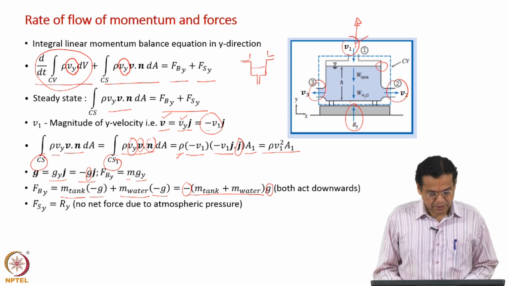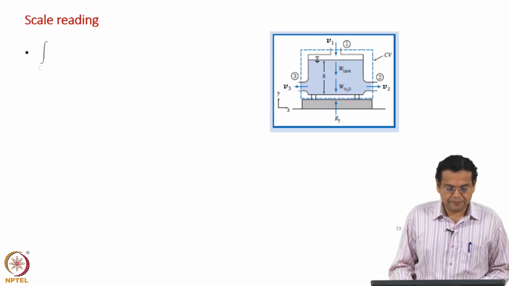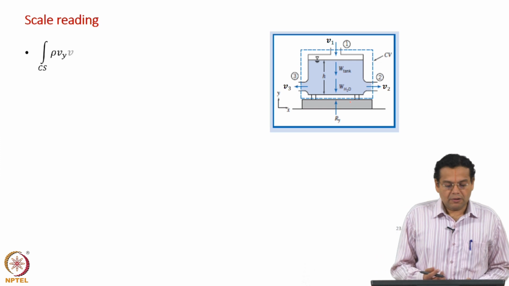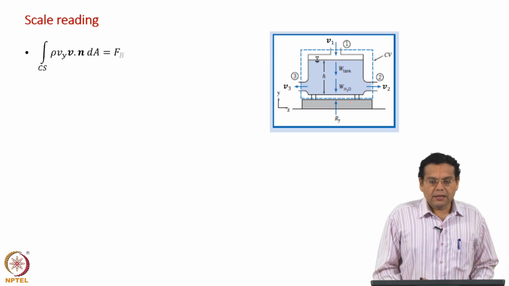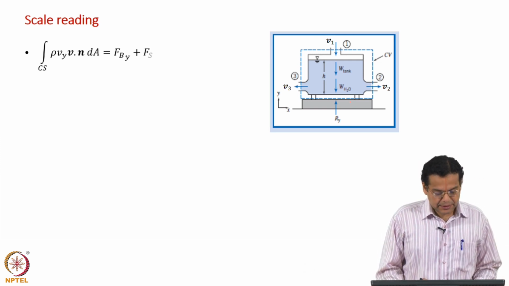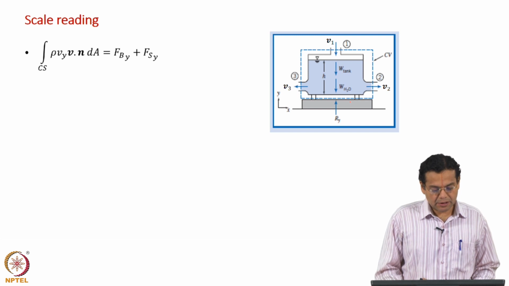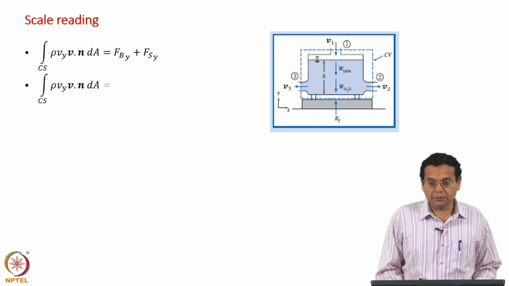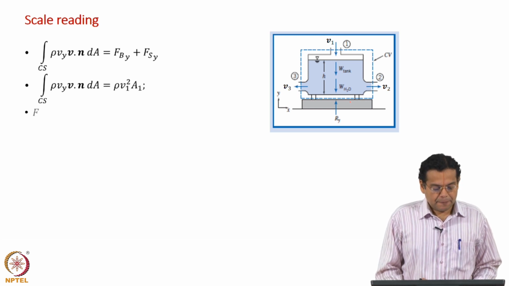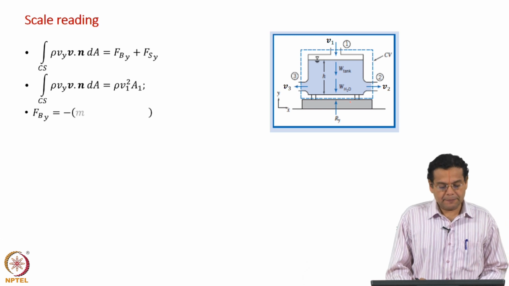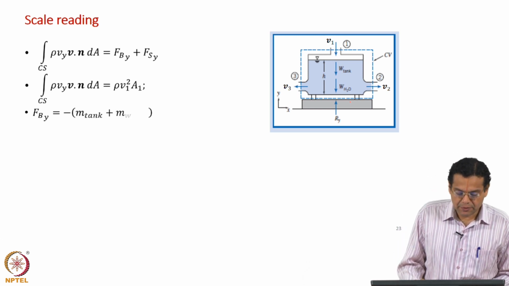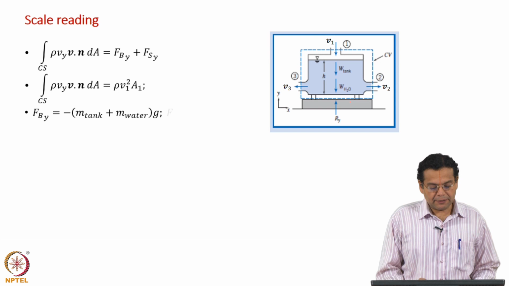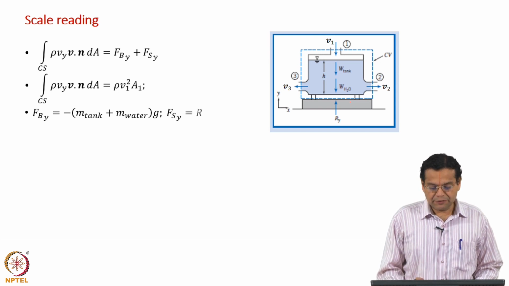Now, let us substitute all the expressions in the integral momentum balance along the y direction. We found the convective momentum to be rho V1 squared A1, the body force as the sum of the mass of tank and water multiplied by g with a negative sign, and the surface force as Ry.